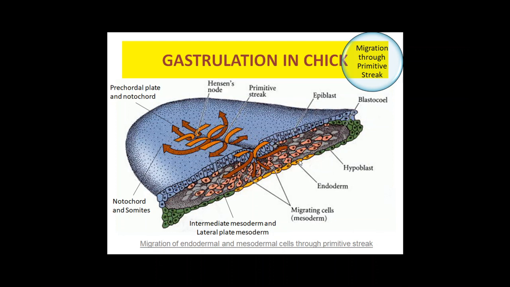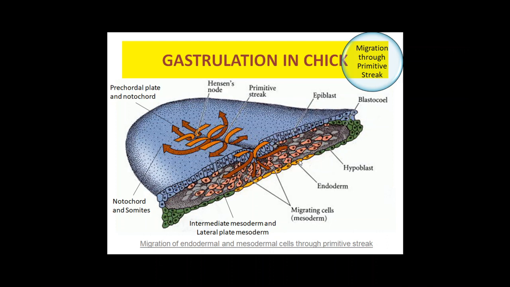The second migrating layer, shown in pink color in this figure, spreads between the endoderm and epiblast, forming a loose layer of cells. This middle layer of cells generates the mesodermal portions of the embryo and the mesoderm lining of extraembryonic membranes.